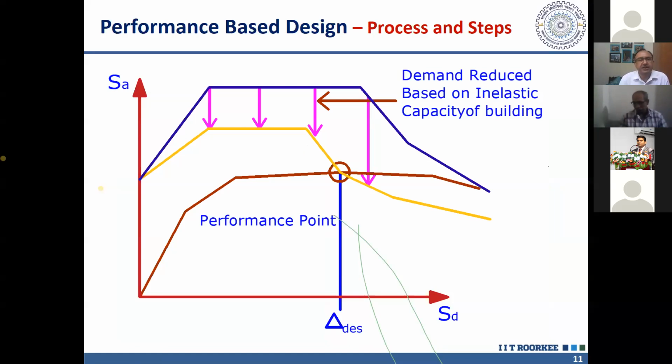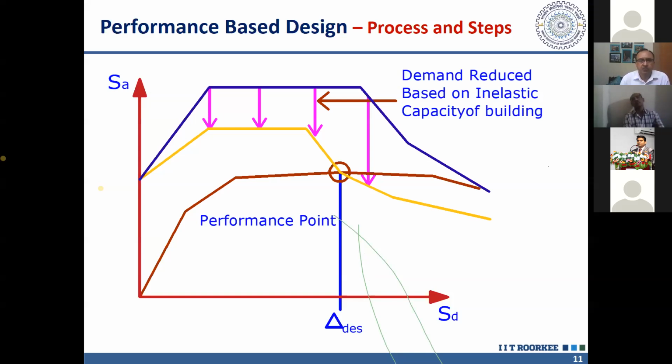But here we are trying to estimate this value for a specific building, and it requires nonlinear analysis. And that's the main handicap in application of performance-based design in design offices, because most of our engineers are not trained in nonlinear analysis. So nonlinear analysis is an essential part of performance-based design. So I will talk a little bit about nonlinear analysis also.